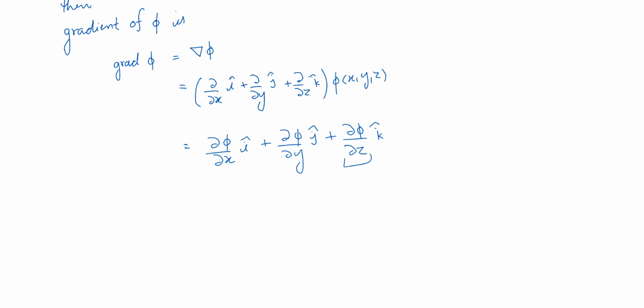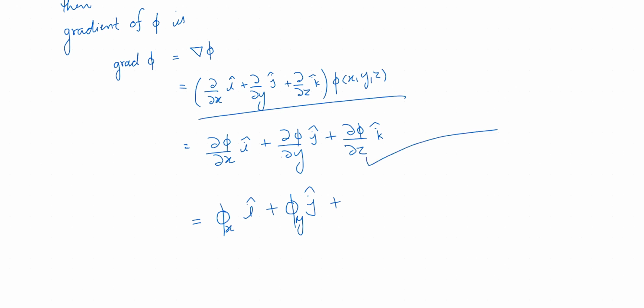So here we are differentiating phi with respect to x, so we can use this symbol also. This symbol represents differentiating phi with respect to x. And here we are differentiating phi with respect to z. These are various symbols; either we can write it this way or use the other.